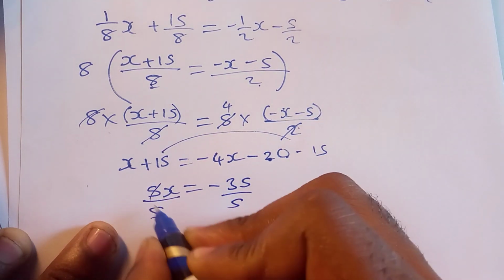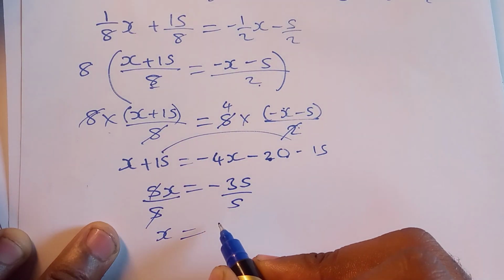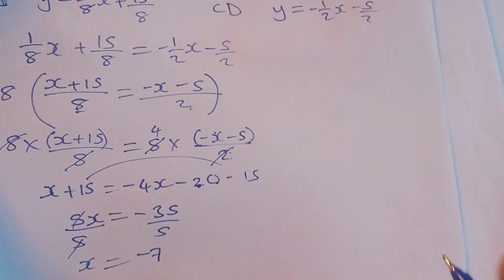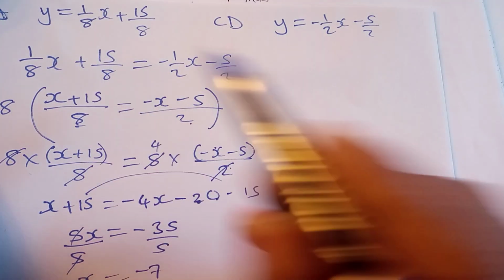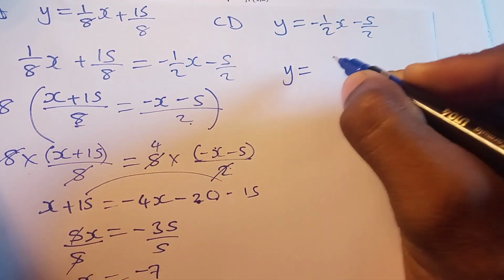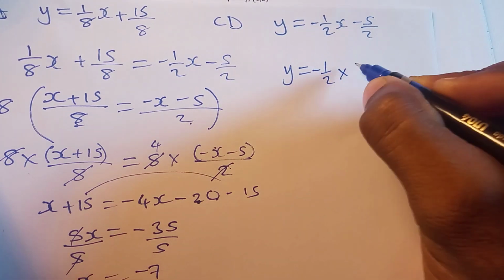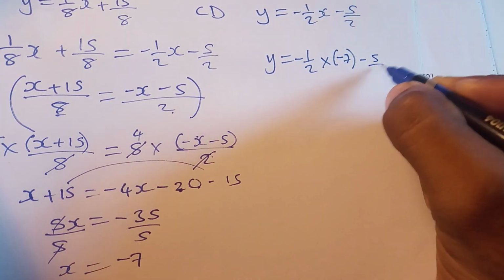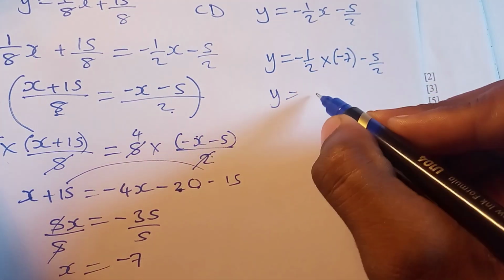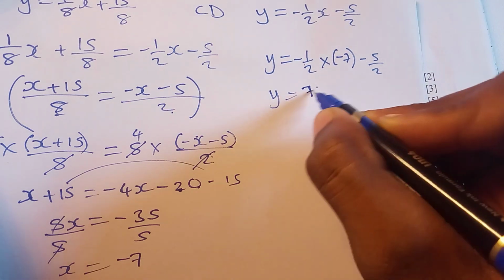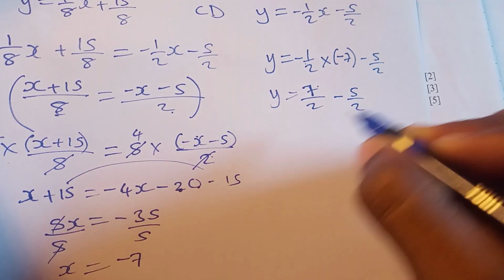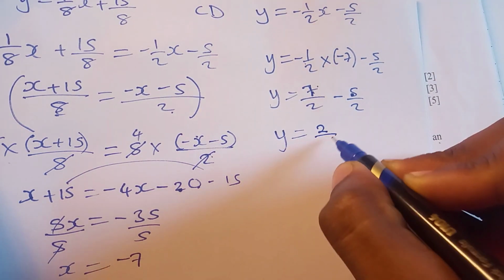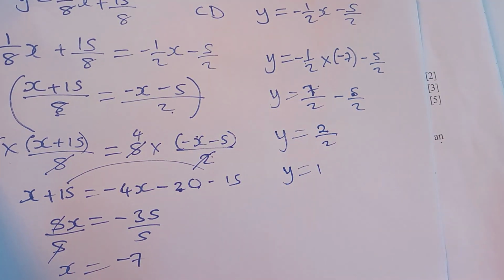That means your x will be negative 7. Now to solve for y, you can use any of the two. I think the second one is much easier for me. So our x is negative 7, minus 5 over 2. This times this will be positive 7 over 2 minus 5 over 2. So 7 minus 5, this one will be 2 over 2. Then your y is that.